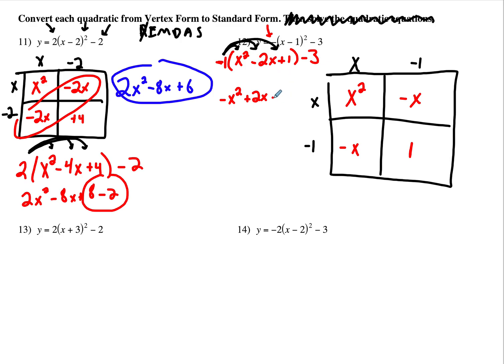Negative 1 times 1 becomes negative 1. And then I bring in that minus 3. And I end up with negative x squared plus 2x minus 4. Let me do that in blue so we know that's the answer. Negative x squared plus 2x minus 4.